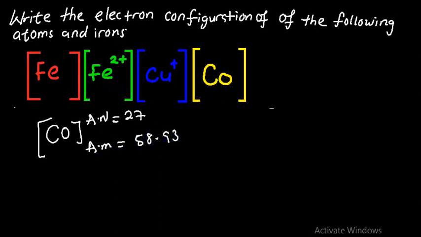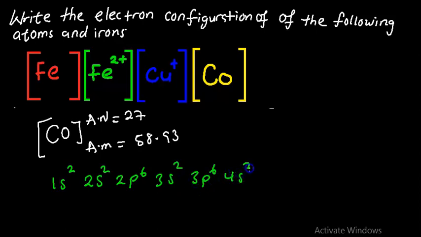In this case, cobalt has an electron configuration of 1s2, 2s2, 2p6, 3s2, 3p6, 4s2, and 3d7.